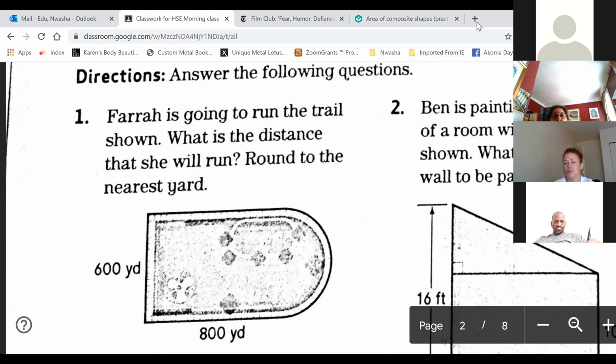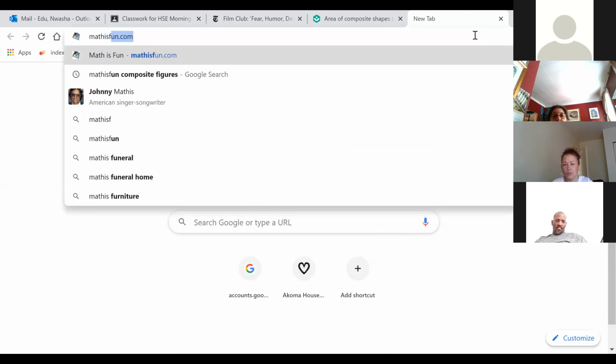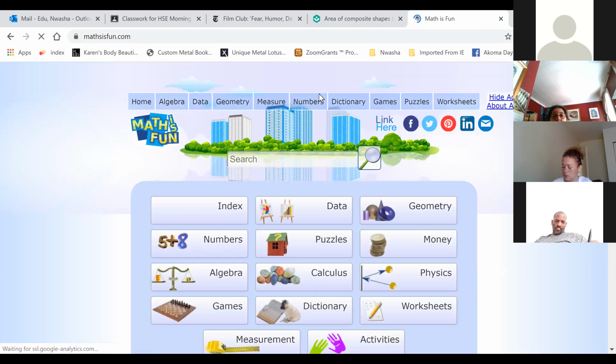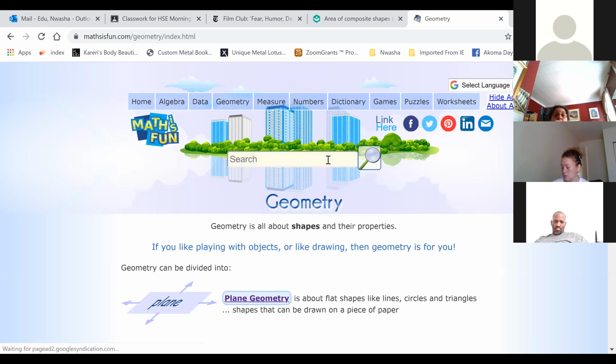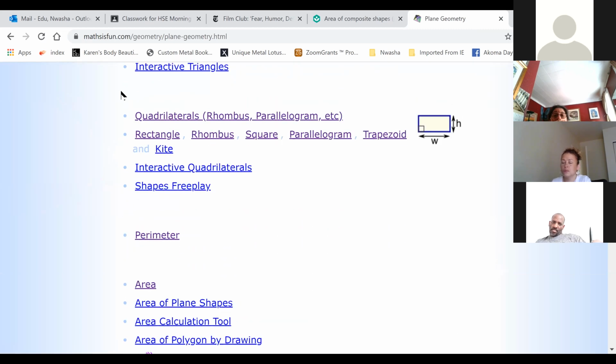So let me see if I can go to where we looked at it on Math is Fun. I don't think that they have a good picture. Well, we're just going to look at rectangles.